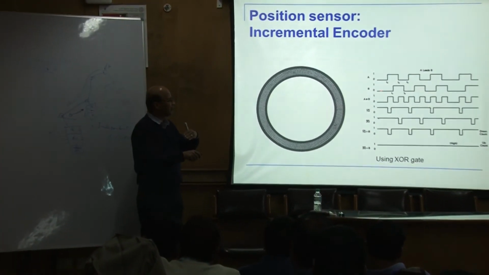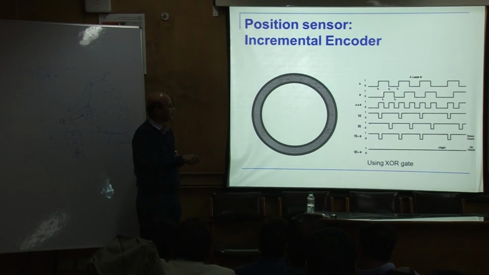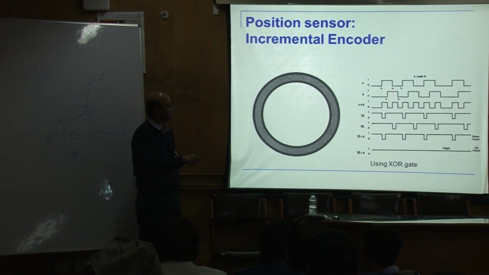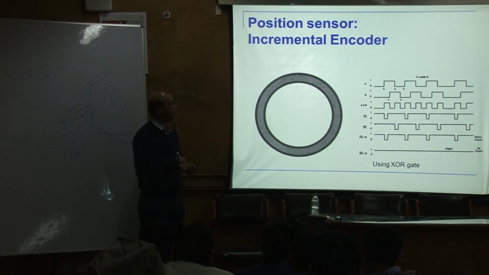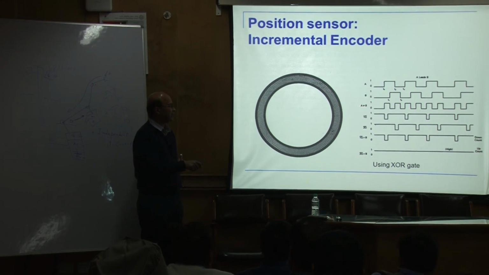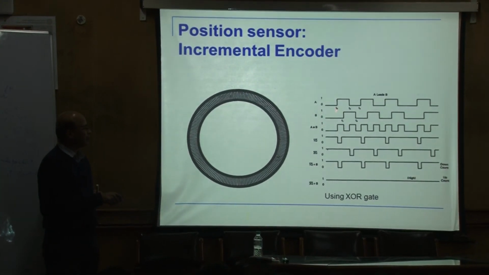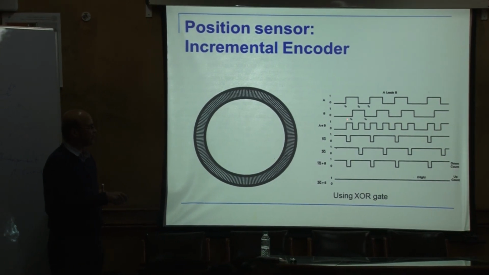The one at the back will give another square waveform, but because there is a little shift between these two, this one will be lagging or leading. So we have one signal from one encoder, and the one at the back is this one. If we have one more, there will be one more. So if I use the XOR gate, A XOR B, then we can XOR the signal of this and get this signal.